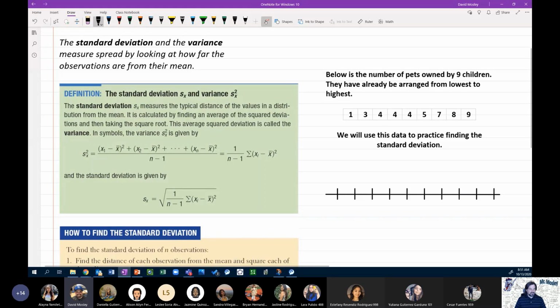The symbol of the variance is S sub x squared, given by this formula, which basically says, starting with x sub 1, our first term, minus the mean squared, plus the second term minus the mean squared, plus the third term, all the way to the nth term minus the mean squared, all divided by how many terms I had minus 1.